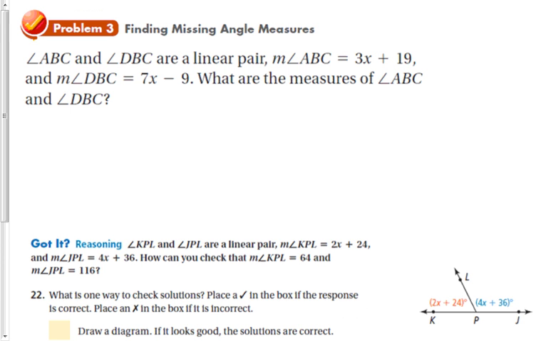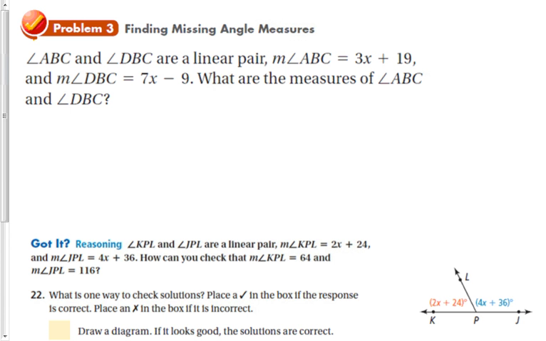All right, finding missing angle measures. It says that angle ABC and angle DBC are a linear pair. That means they make a straight line, or they add up to 180, however you want to look at that. Measure of angle ABC equals 3x plus 19, and the measure of angle DBC equals 7x minus 9.